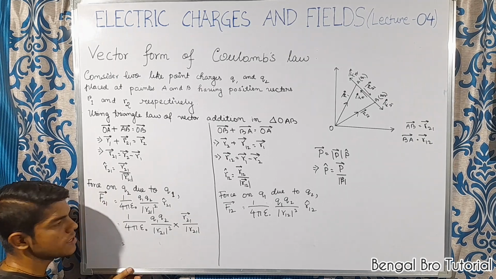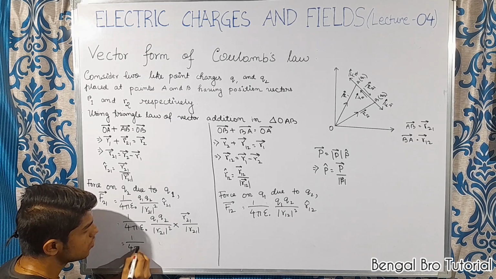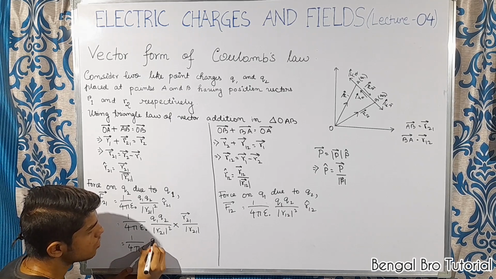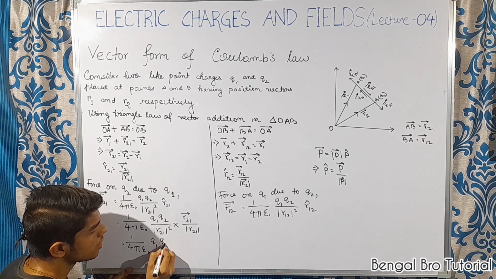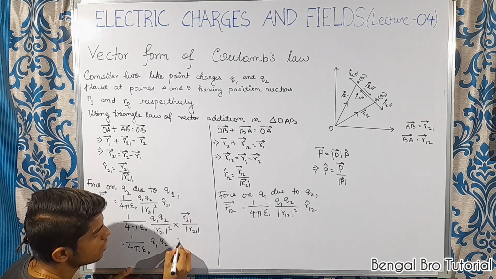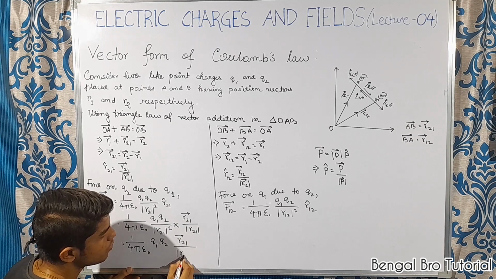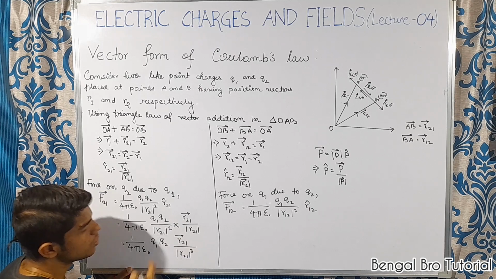Okay, so if we simplify it, then we can write 1 by 4 pi epsilon naught Q1 Q2 into R21 vector by mod of R21 cube.